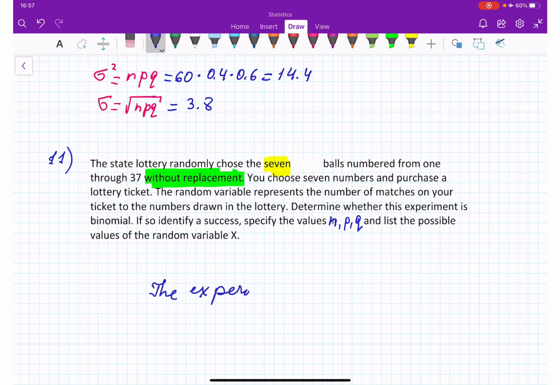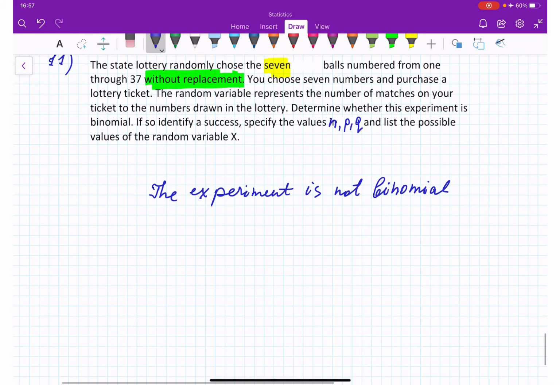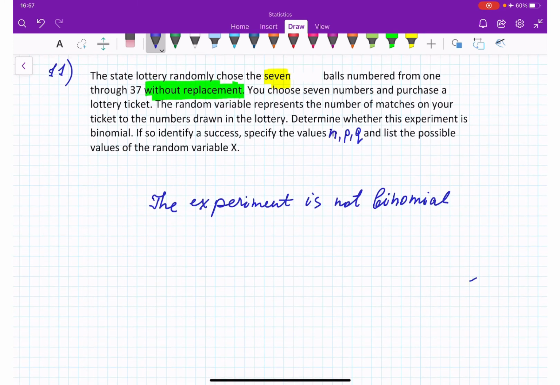The experiment is not binomial. Period. Which means that you cannot identify n, you cannot identify the probability of success or q. So everywhere it goes, it's not binomial. Next question.